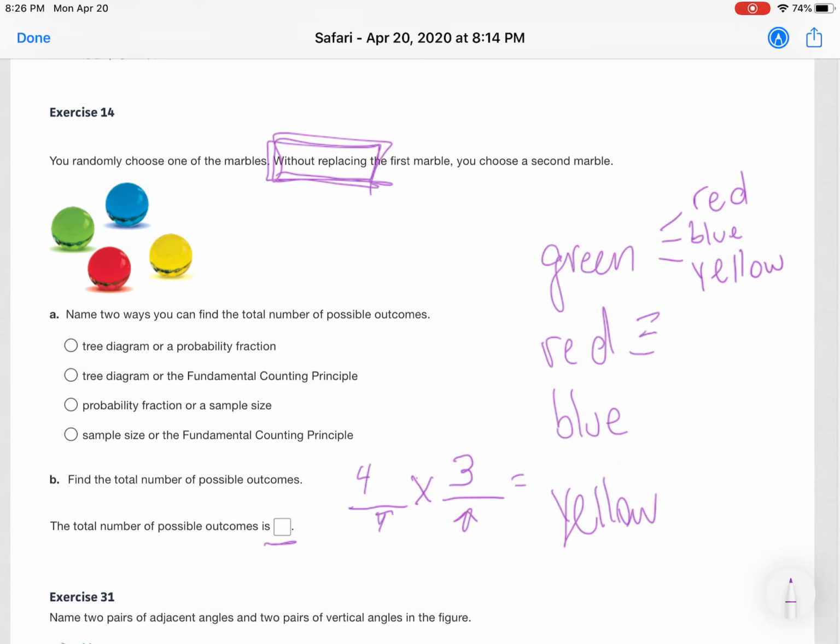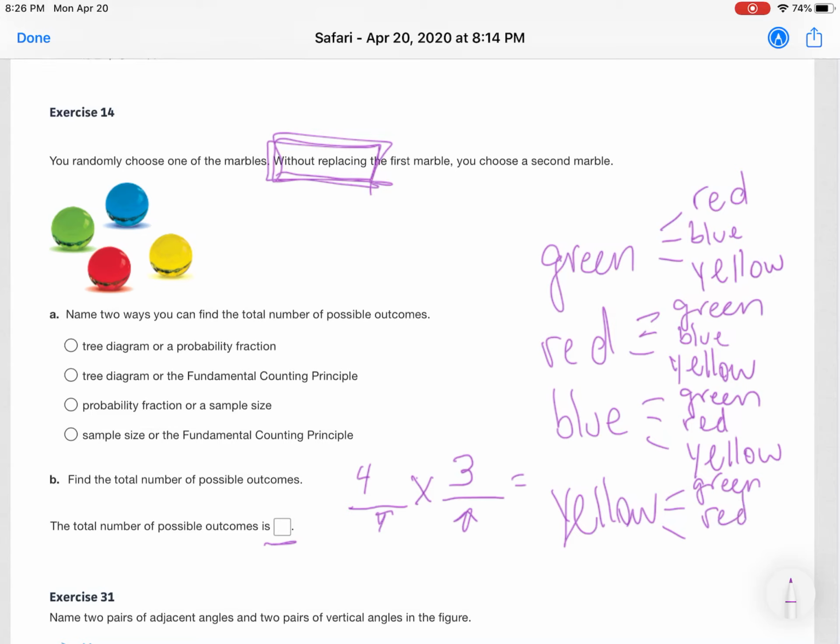If you pick the red one, you could either pick the green one second, the blue one second, or the yellow one second. If you pick the blue one first, you could either pick the green one second, the red one second, or the yellow one second. And if you pick the yellow first, you could either pick green, red, or blue second.